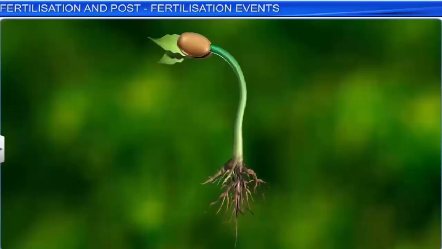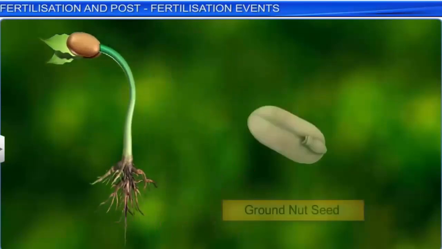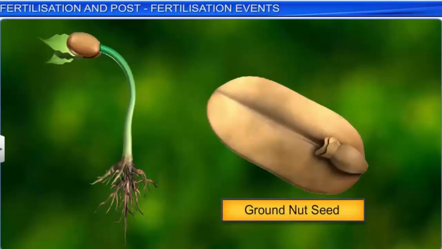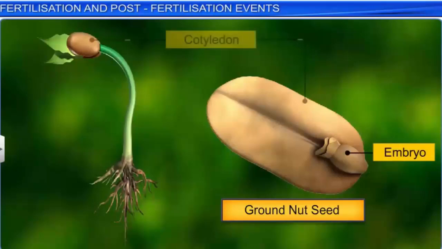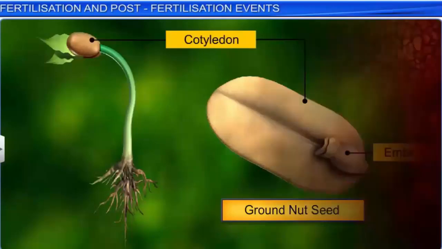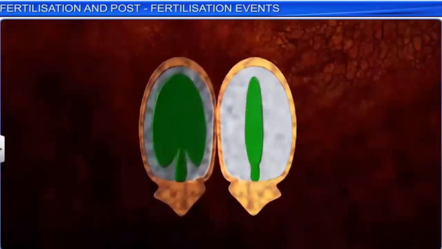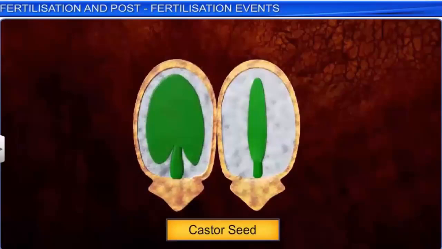In fact, in some plants such as groundnut that belongs to the bean family, the mature seeds lack endosperm as it gets completely absorbed by the developing embryo. When these seeds germinate, the cotyledons or seed leaves become the source of nutrition for the embryo. However, in mature seeds of castor, we see that the endosperm is retained as a storage tissue.